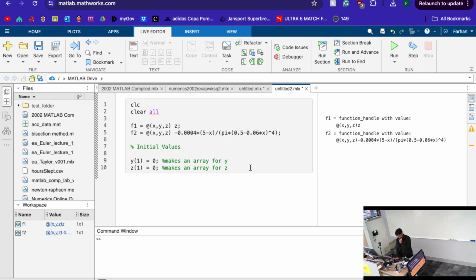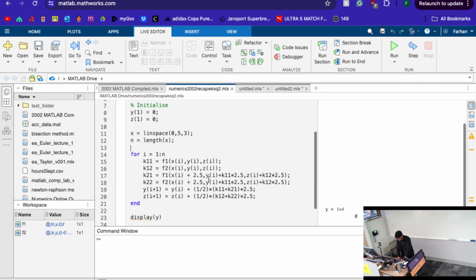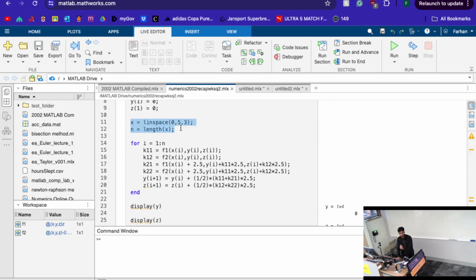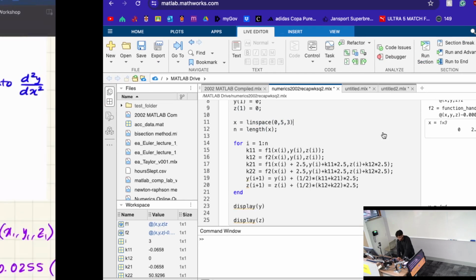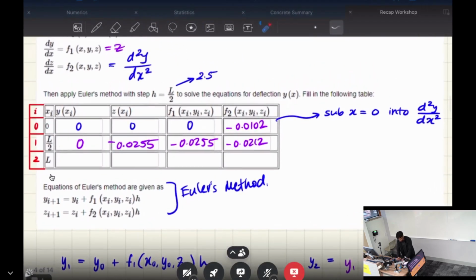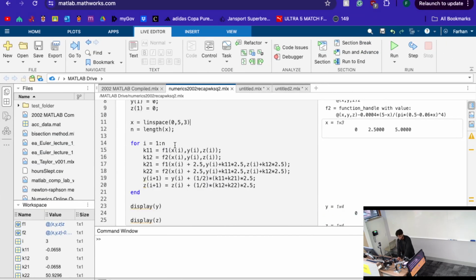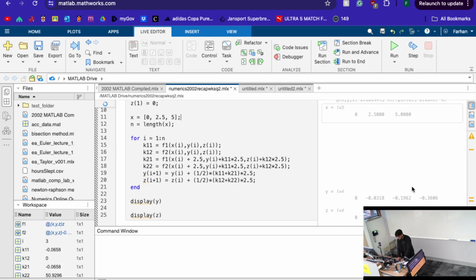Okay. Now we're going to introduce the Runge-Kutta equations. I've got a few listed up here, and you also want to introduce one for x. I'll quickly show you what that looks like. The x one. Yeah, so that's exactly what we had over here. That's just our x array. Or you can also write it as 0, 2.5, and 5. It's the same thing, and you will also get the same answer down here.